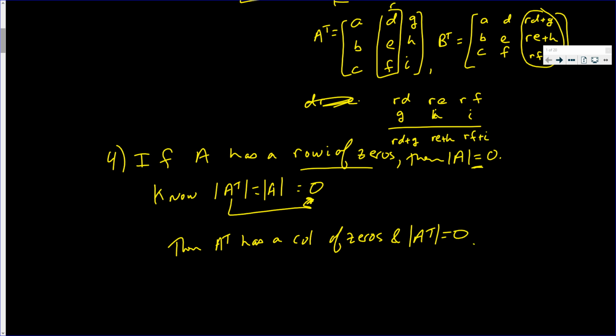Any fact about rows, when it comes to determinants, is true for columns. If A has a row of zeros, then the determinant of A equals 0, and A transpose has a column of zeros. We know this fact.